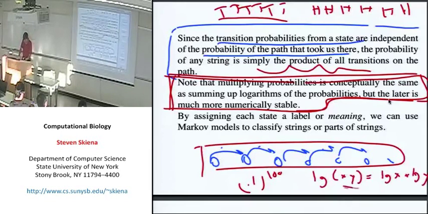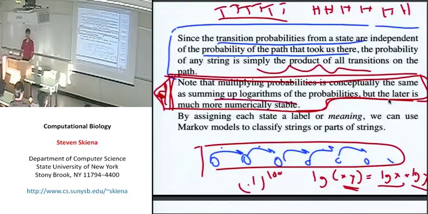So to multiply a lot of probabilities together, an analogous way is to sum up the logs of the probabilities. If I take the anti-log of the sum of the logarithms, I end up getting the product, right? And so it's often useful to talk in terms of summing up logarithms.